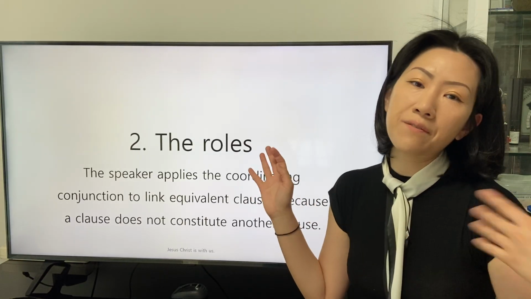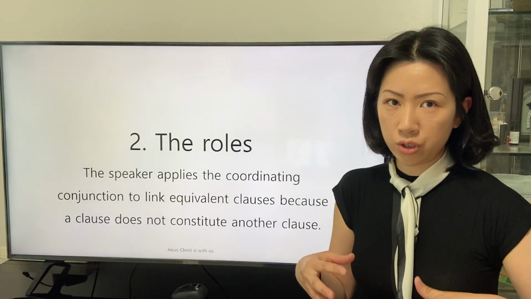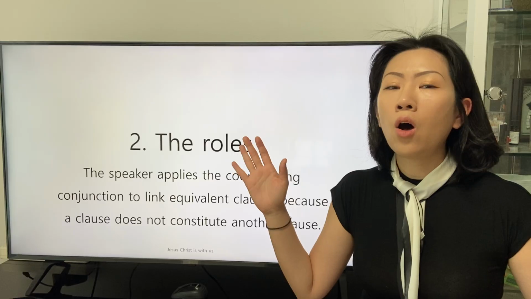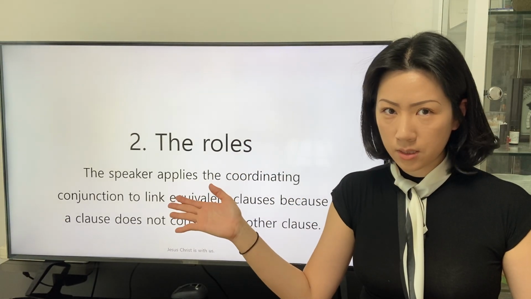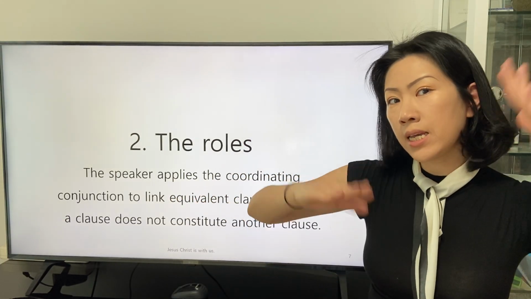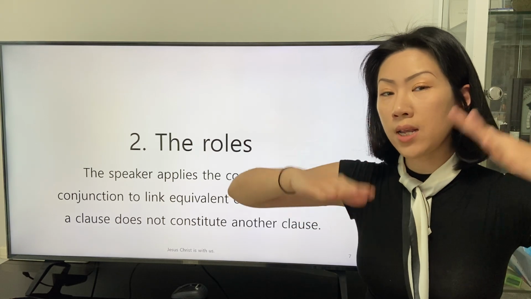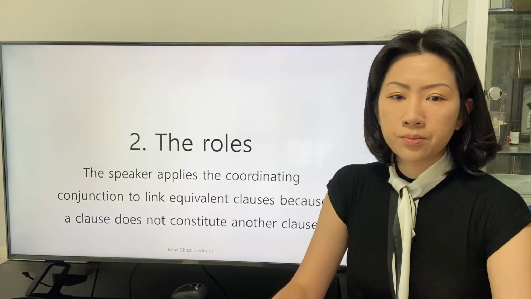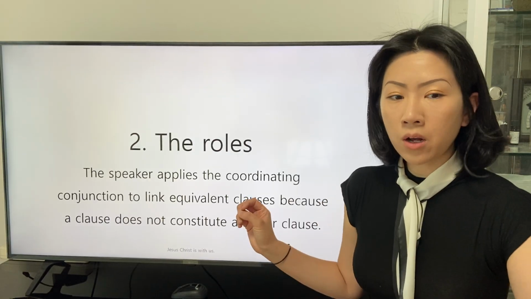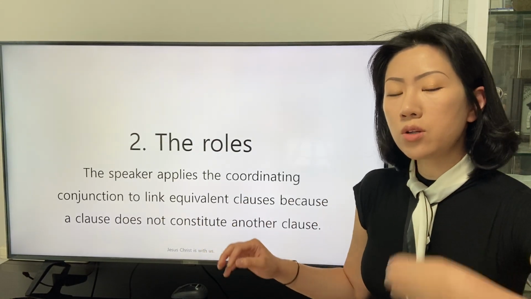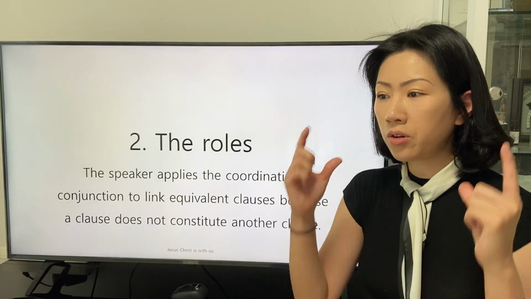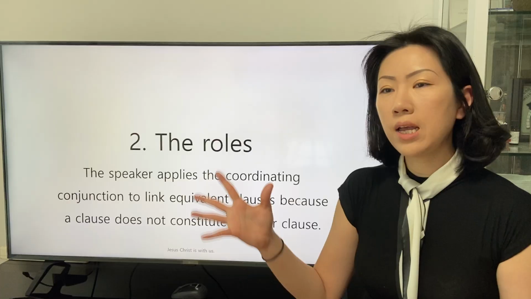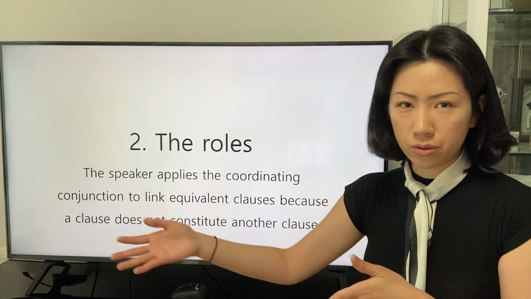So this can be the definition of a coordinating conjunction: a coordinating conjunction completes a sentence while linking the two coordinating clauses, because a clause does not constitute another clause. A clause does not have a structural role in the other clause.